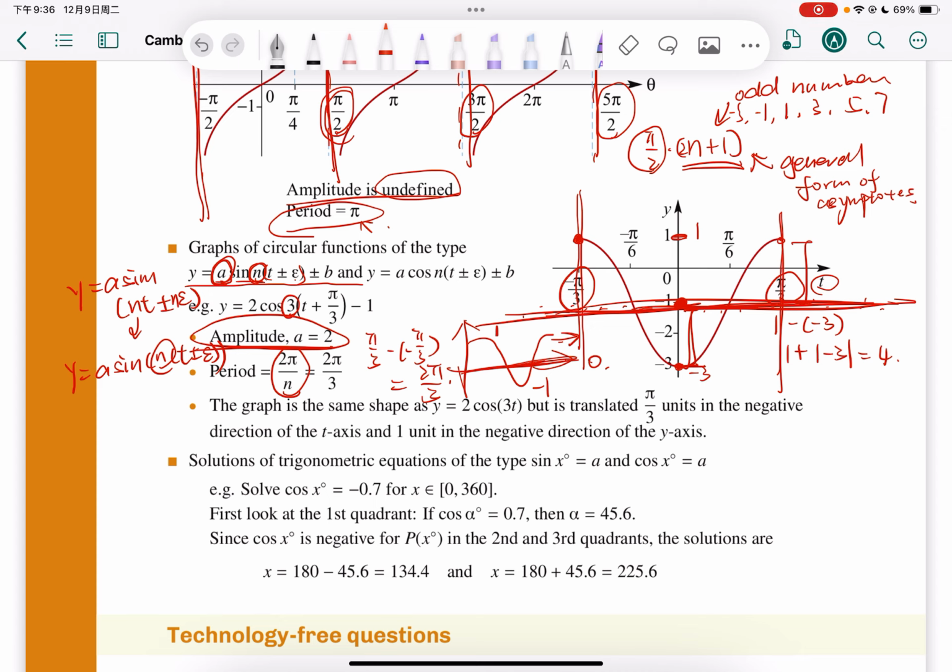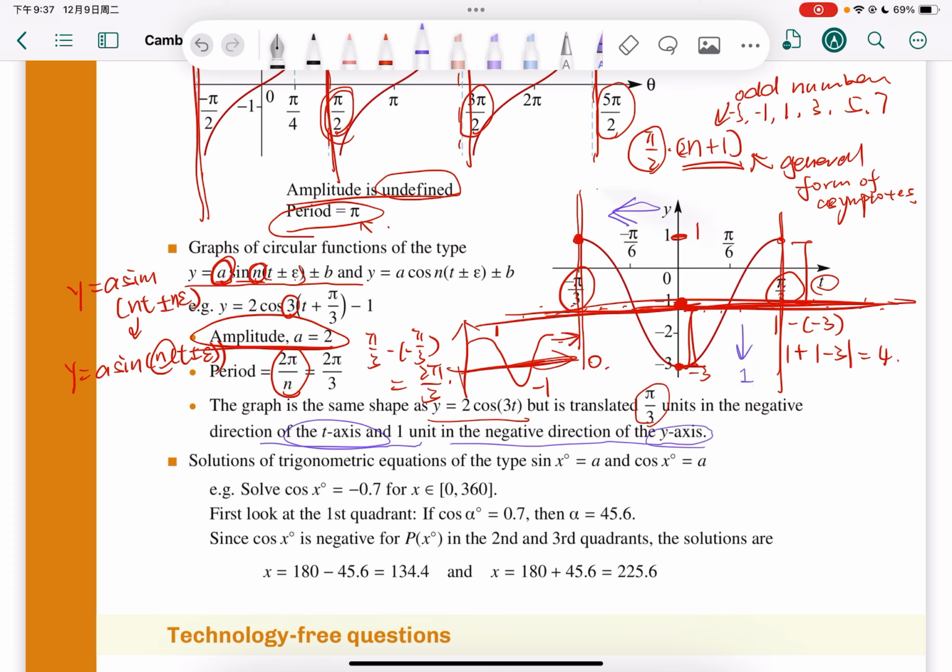The graph is the same shape as y equal to 2 cos 3t, but translated pi divided by 3 units in the negative direction of the t-axis, which means to the left, and 1 unit in the negative direction of the y-axis, so 1 unit down.